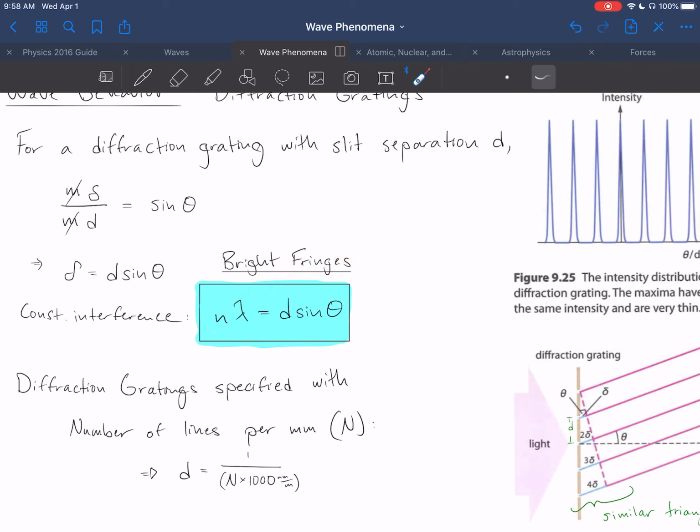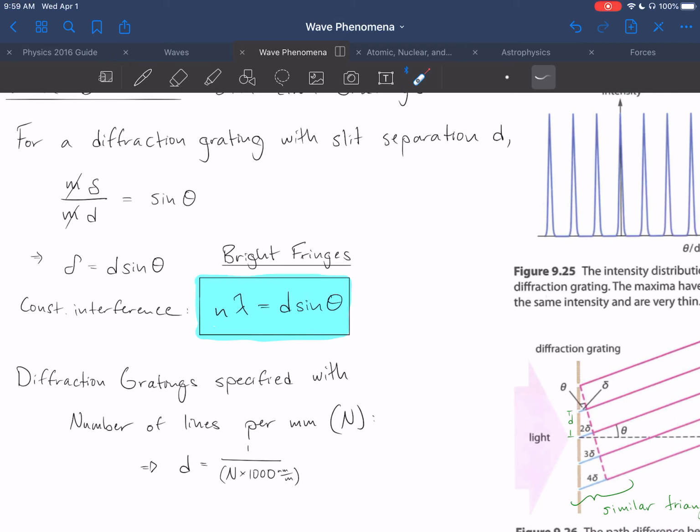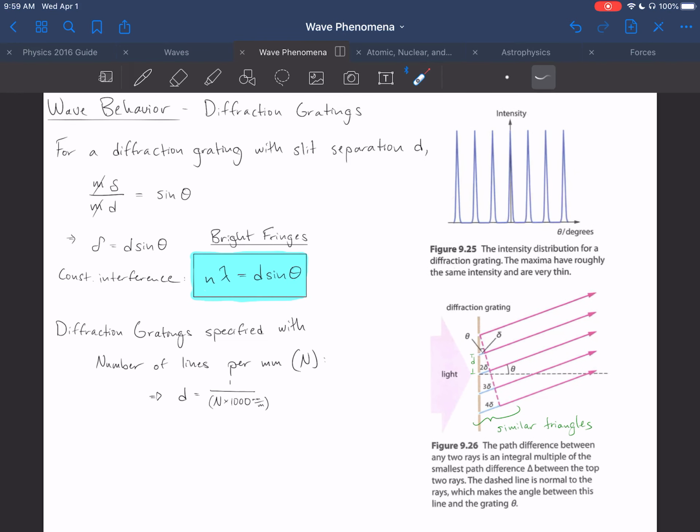So are we talking about a path difference of 1 wavelength, 2, 3, 4, etc.? As a result, the equation associated with the diffraction grating is written like so, where you get the order of the diffraction times the wavelength is equal to d sine theta. Okay, this is a pretty similar equation to the others, so make sure to keep it straight.